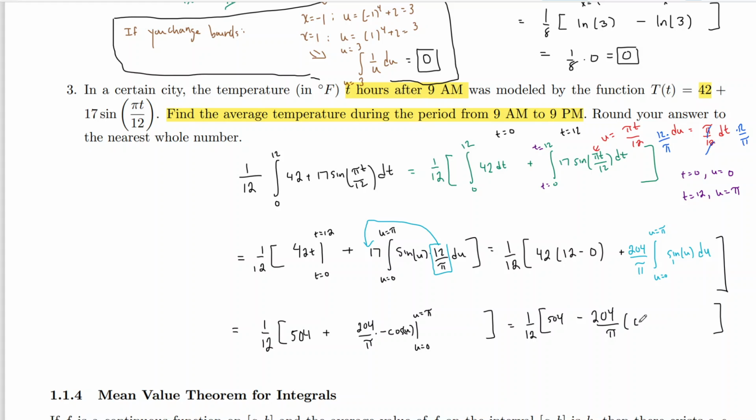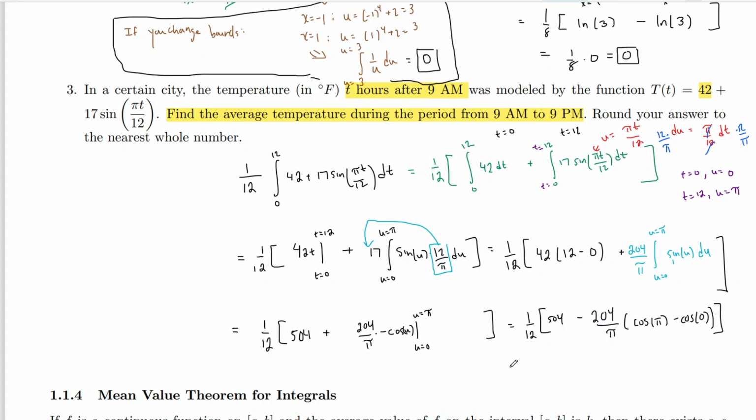So I got parentheses cosine of pi minus cosine of 0. Actually, that should be a parentheses just to match the other one. Now, if you're unsure of that, just remember I took the negative sign here and I brought it out front with the 204. So it's just like cosine of u plugged in pi minus plugged in 0.